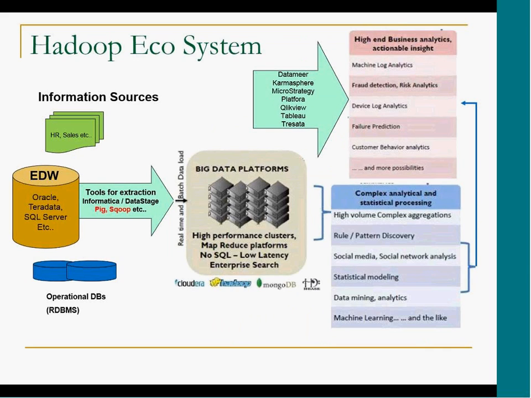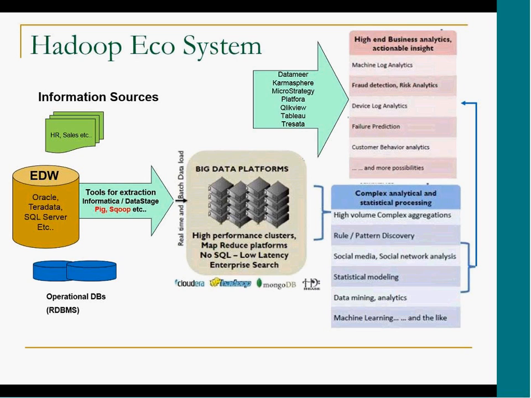But in the Hadoop ecosystem, we have quite a few additional products. Again, all these products are open source. For ETL purposes, they call it Pig and Sqoop. It's used to get data from the source system and put it in the Hadoop environment. So we have products for ETL purposes, and new products for analytics purposes.